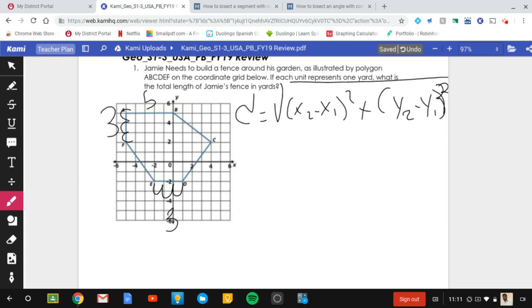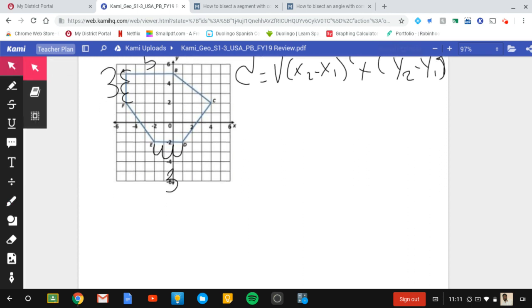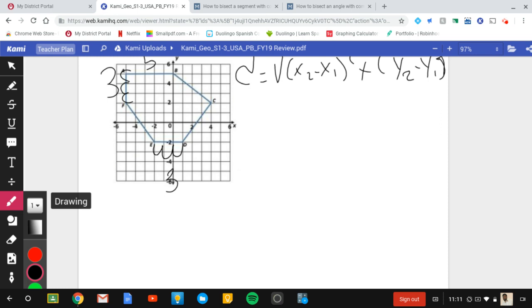All right, we're going to plug into the distance formula 3 times, basically, and then we should be in good shape. Let me start by finding the distance between B and C. I need to find what point C is. Point C we know is at 4, 2.